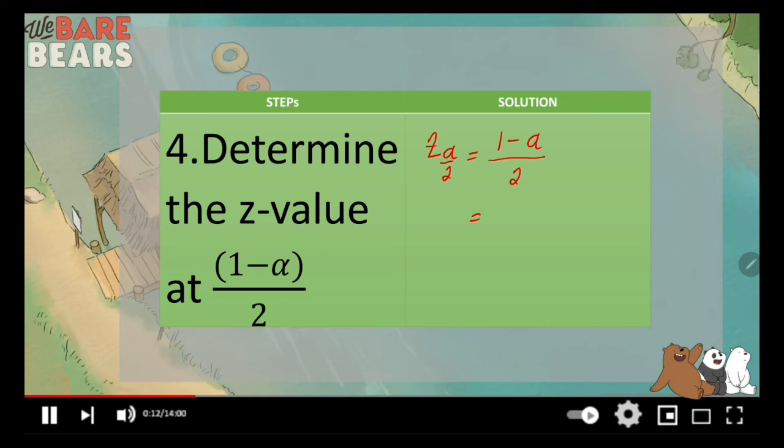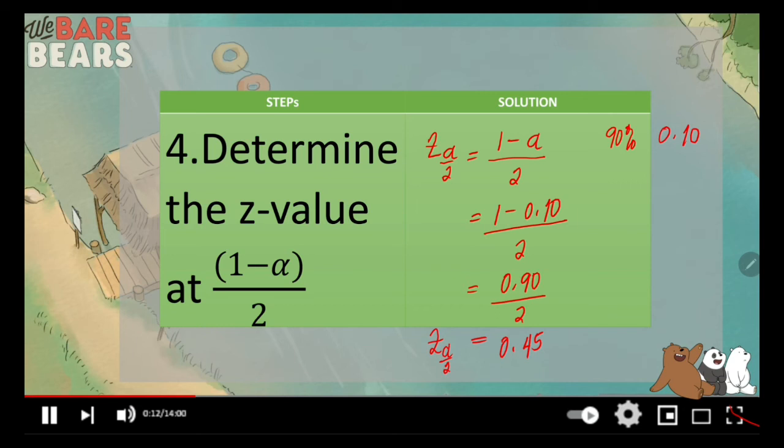Since the given level of confidence is 90%, the alpha is 0.10. So we have (1 minus 0.10) divided by 2. We have 0.90 divided by 2. We have 0.45.